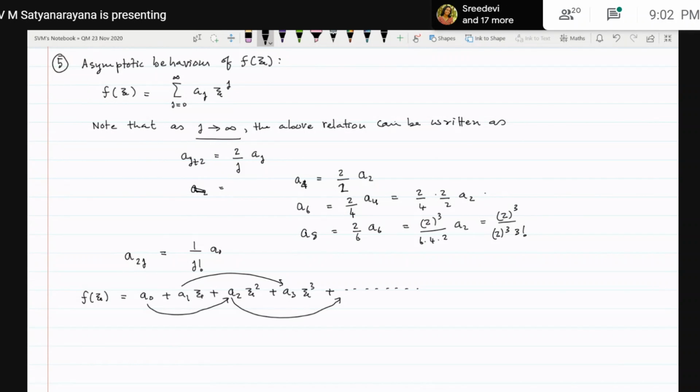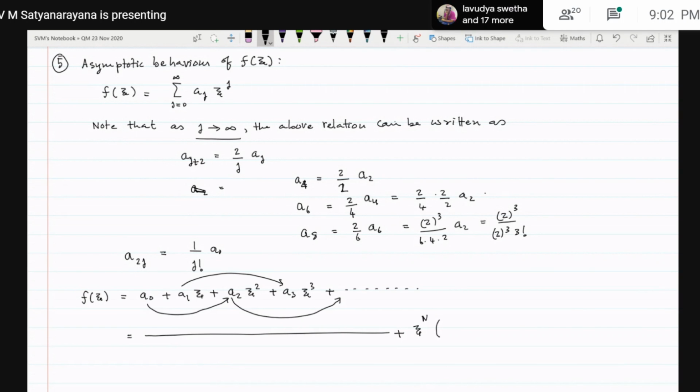So I'm going to write this as a large number of terms, plus let's say I have some xi to the power of some very large value, some n.